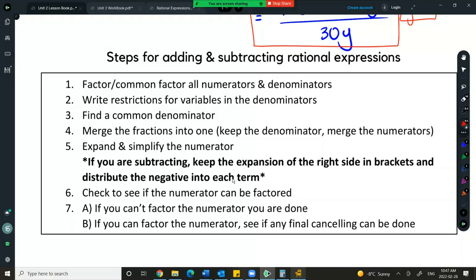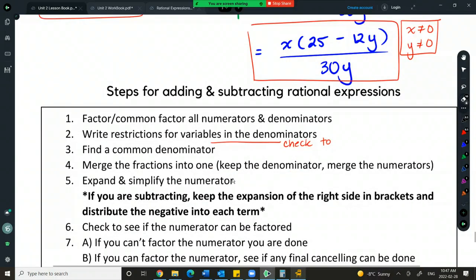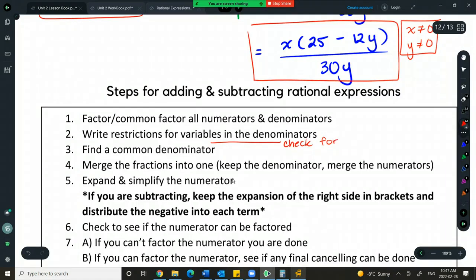I would also add a little tiny step here, which is to check to see if anything can be canceled in the individual fractions like we did here. Because if you can do that, it makes your life 10 times easier. So maybe just check for canceling in between these two steps. Do you guys know what I mean by individual fractions?